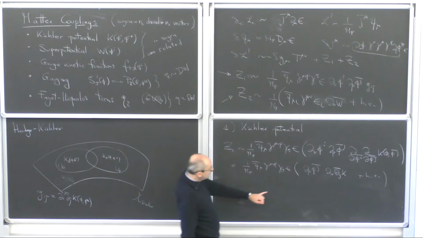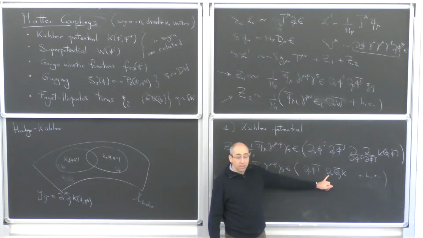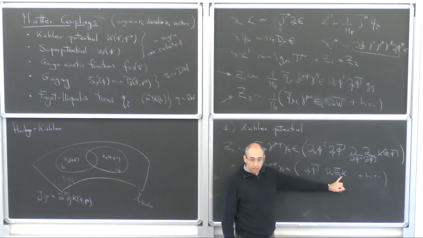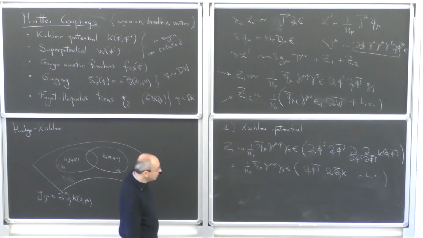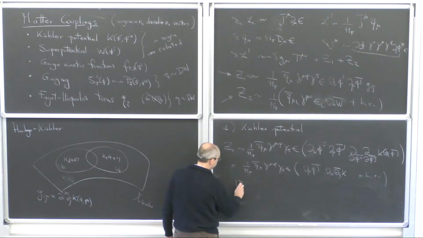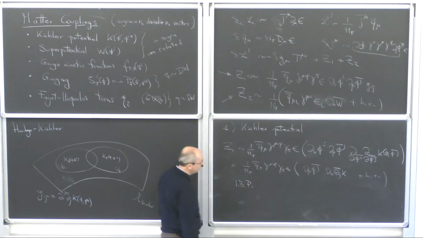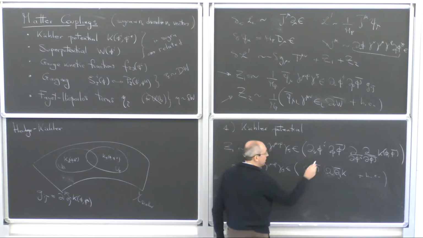So you see, now I have this derivative, which is a space-time derivative acting directly on the scalar potential, on the derivative of the scalar potential. And what I can do is integration by parts in order to remove this derivative from here.